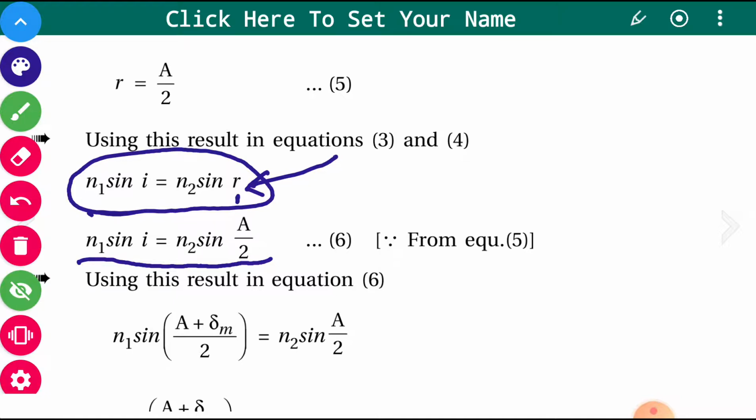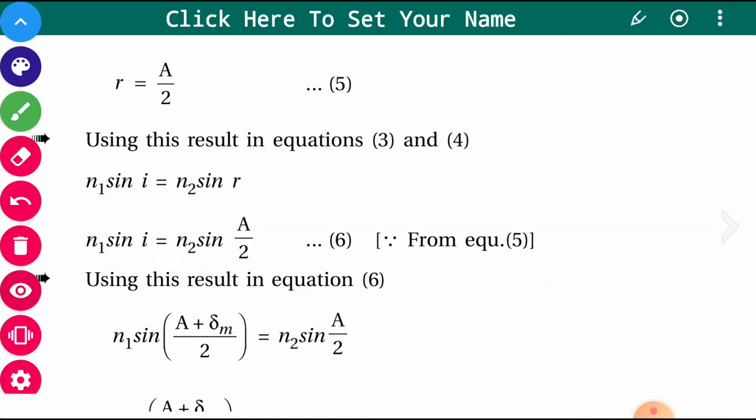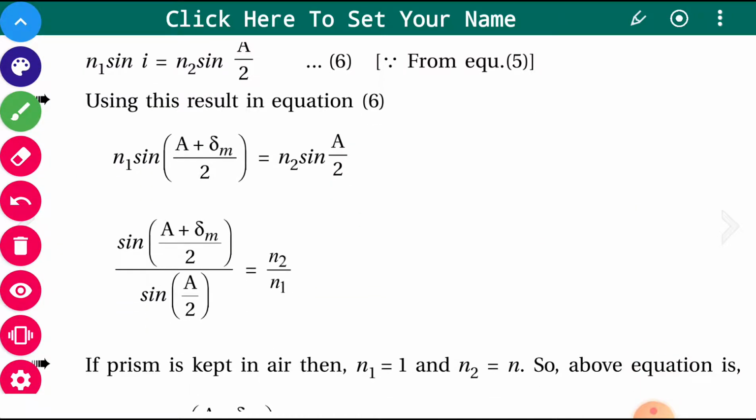And we have also obtained I is equal to A plus delta m upon 2. So in this equation, instead of I, it is written as A plus delta m by 2. So equation number 6 takes this form: n1 sin (A plus delta m by 2) is equal to n2 sin A by 2. Now if you take n2 upon n1, that is the refractive index of medium 2 with respect to medium 1, that becomes sin (A plus delta m by 2) upon sin A by 2.